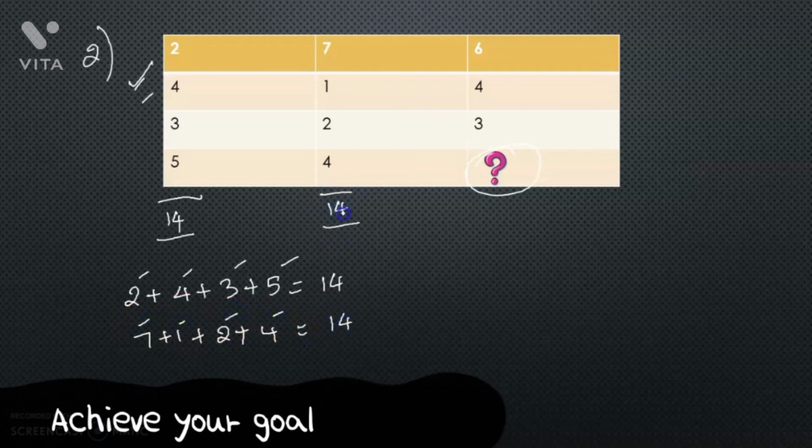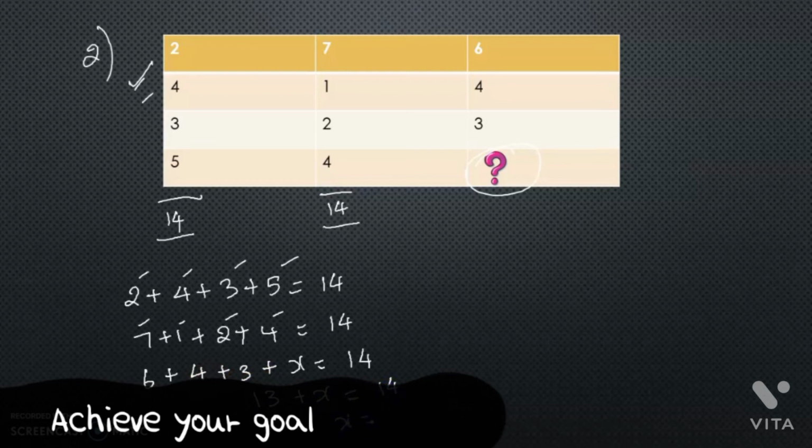Yes, of course. So what is the idea? The idea is the sum of all the terms must be equal to 14. So for the third column, 6 plus 4 plus 3 plus x is equal to 14. So 6 plus 4 is 10, 10 plus 3 is 13, 13 plus x is equal to 14. So x is equal to 14 minus 13, this gives 1. So the answer is 1.